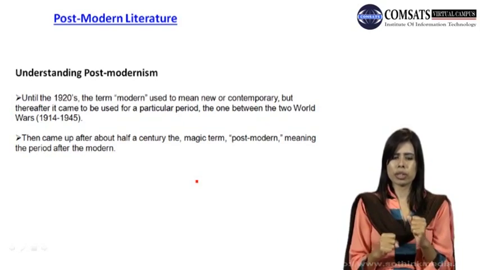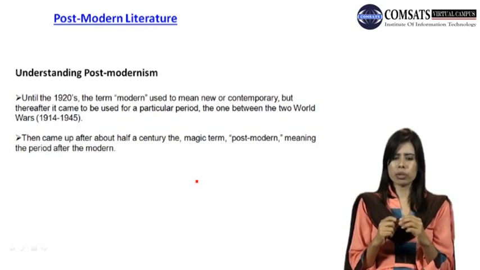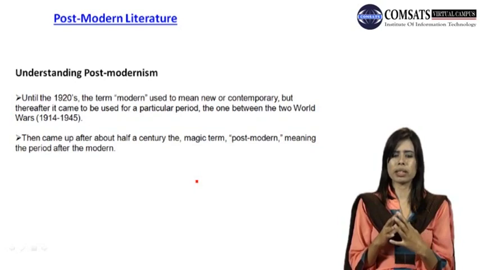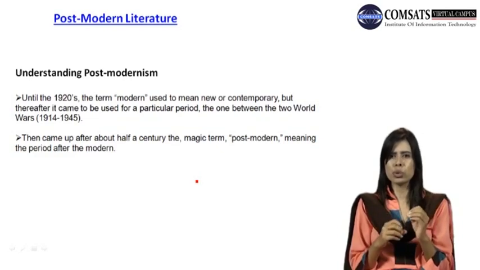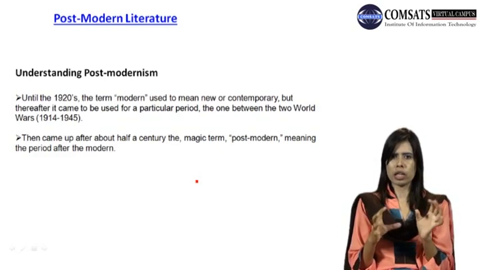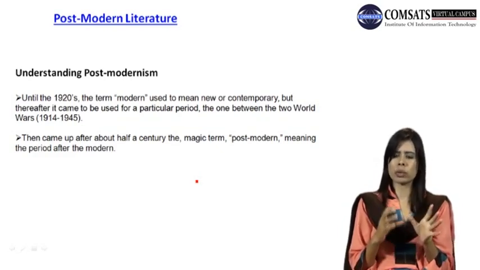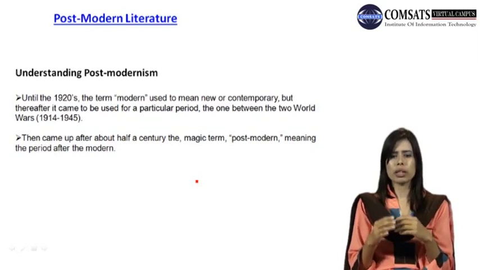Until the 1920s, the term modern used to mean new or contemporary, but thereafter it came to be used for a particular period, the one between the two world wars, that is 1914 to 1945. So previously modern was used to mean new and contemporary ideas or literature, but here they came up with another new thing, postmodern literature.